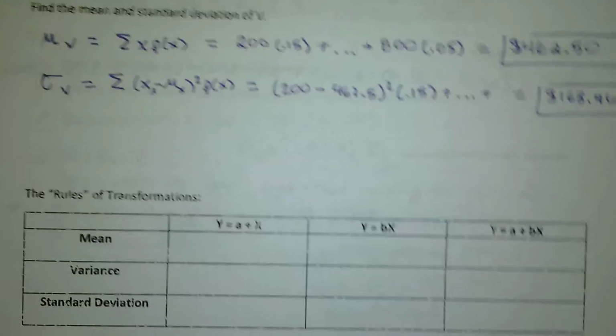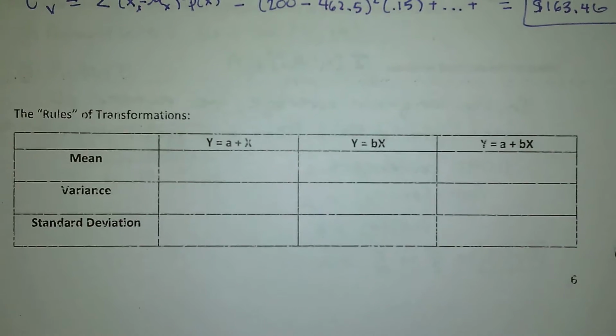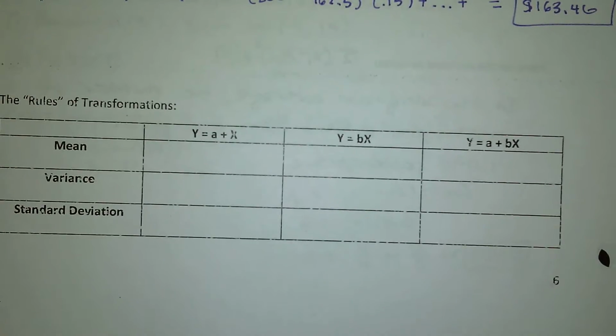So we actually discovered here that we have a few rules. It is important to be able to compute these by hand, but there's always a method behind our madness, so we actually have a few properties here that we're able to follow.